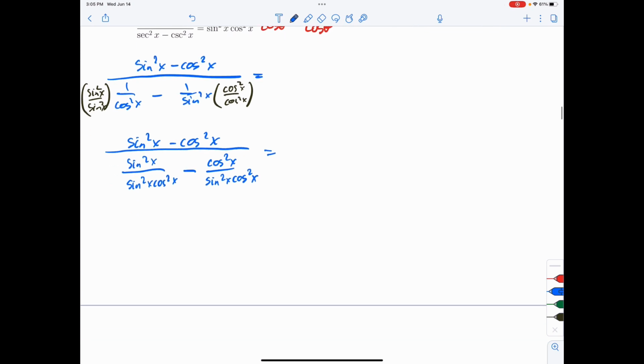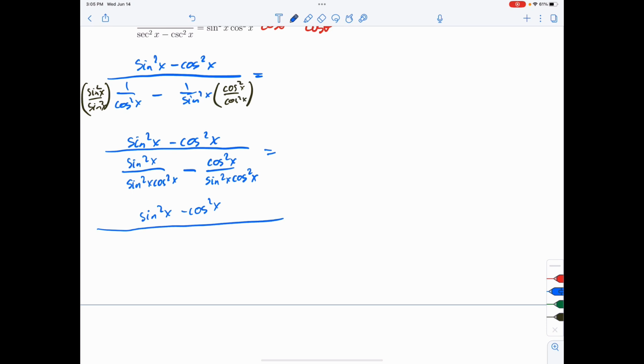Putting those two fractions in the denominator together, what we're going to have is sine squared of x minus cosine squared of x divided by that common denominator.